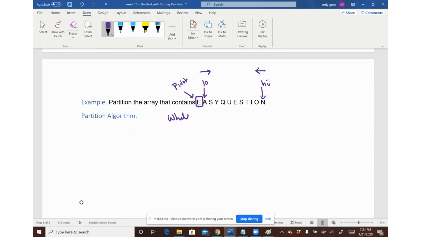So the algorithm works like this: while the A of low is less than or equal to the pivot, the low moves forward. All right. So as long as the A of low is less than or equal to the pivot, it keeps moving forward.